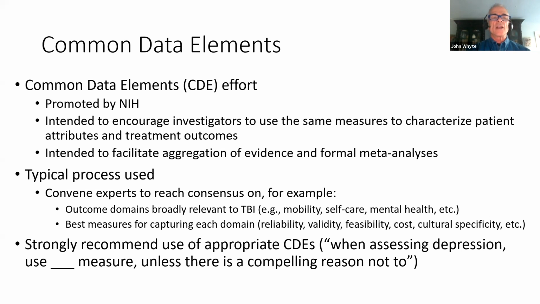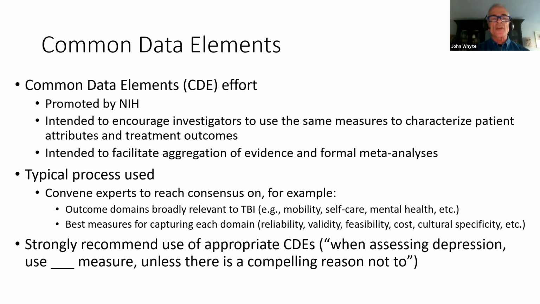And the idea is, if a bunch of people are studying interventions for depression, wouldn't it be nice if they all used the same depression outcome measure so we could more easily compare their results? So it's intended specifically to facilitate aggregation of evidence and formal meta-analyses.